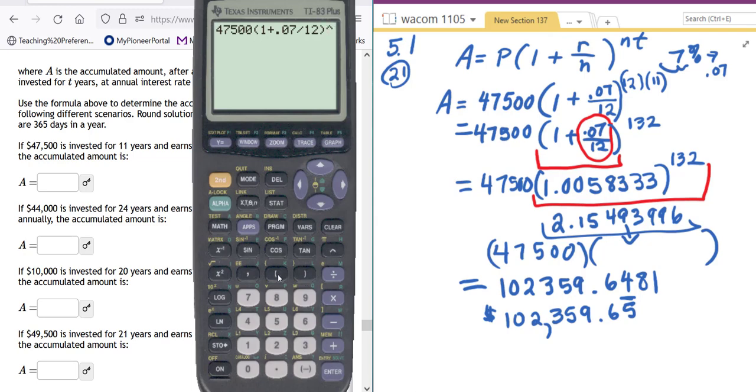You have math in that exponent position, so you need it in parentheses. 12 times 11, close that parentheses. It should preserve order of operations. 102,359, and that would round to 65. You would never hit enter the whole way there. You did have to take care of this piece right here. It had to be in parentheses or it would not work correctly. So the calculator did better than I would have trusted it to do.